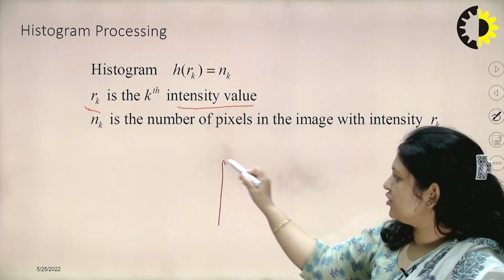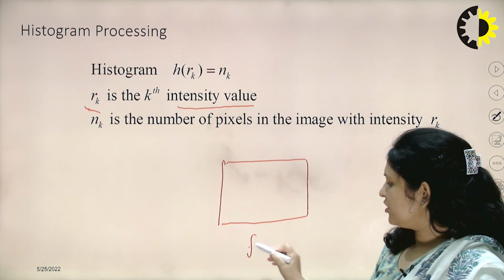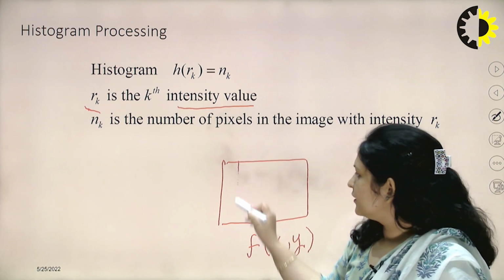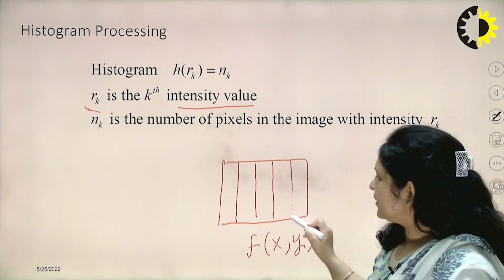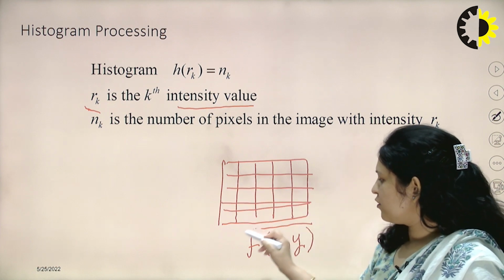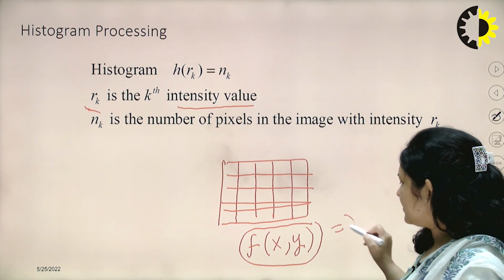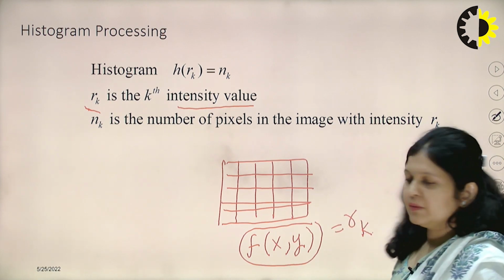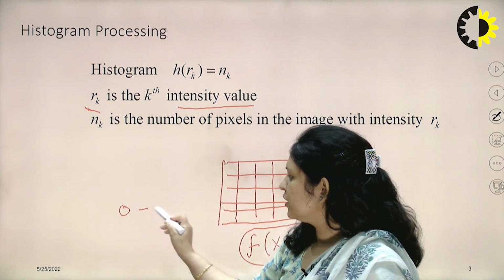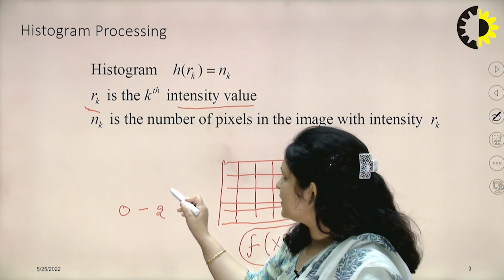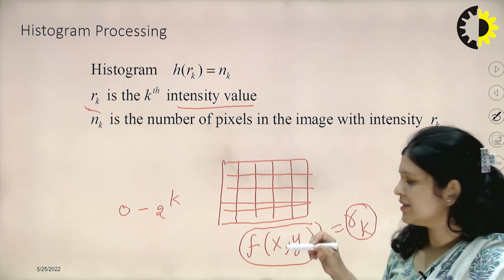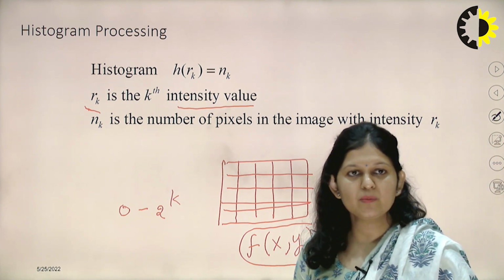Say we have an image, a 2D image, where each pixel has x, y coordinates. So f(x, y) is nothing but the intensity value r_k. The range of intensity values goes from 0 to 2^k - 1, so r_k is the kth intensity value, and it can be any value from 0 to 2^k - 1.